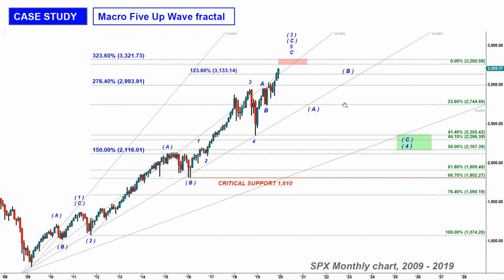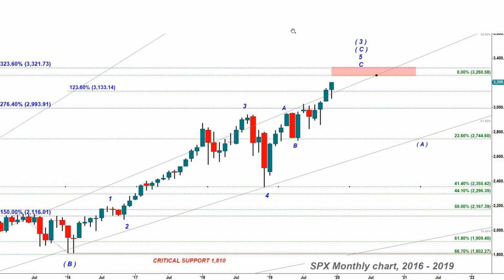This is a monthly chart of S&P from 2009 until 2019, and you can see that we got one up, two down, and A up, B up, and we're about to complete subwave parenthesis C of wave parenthesis 3.